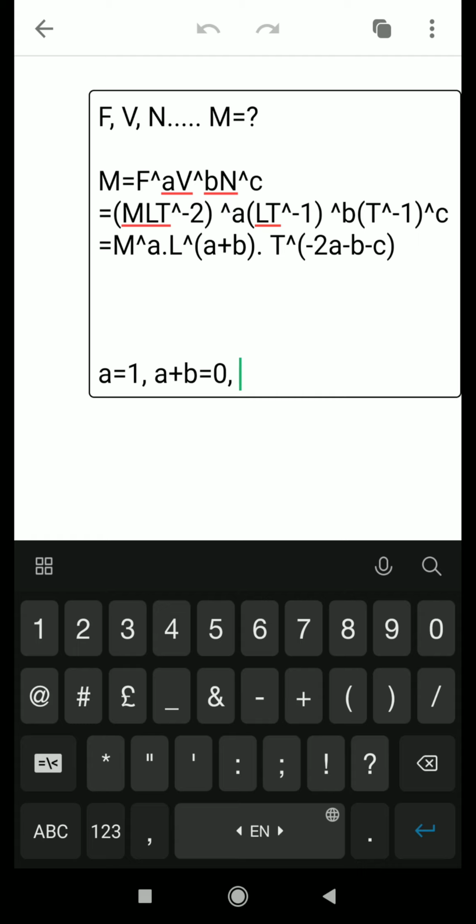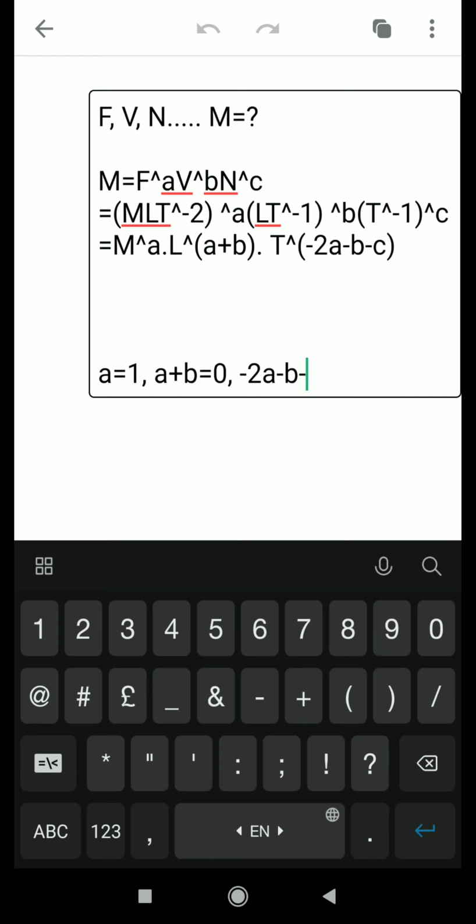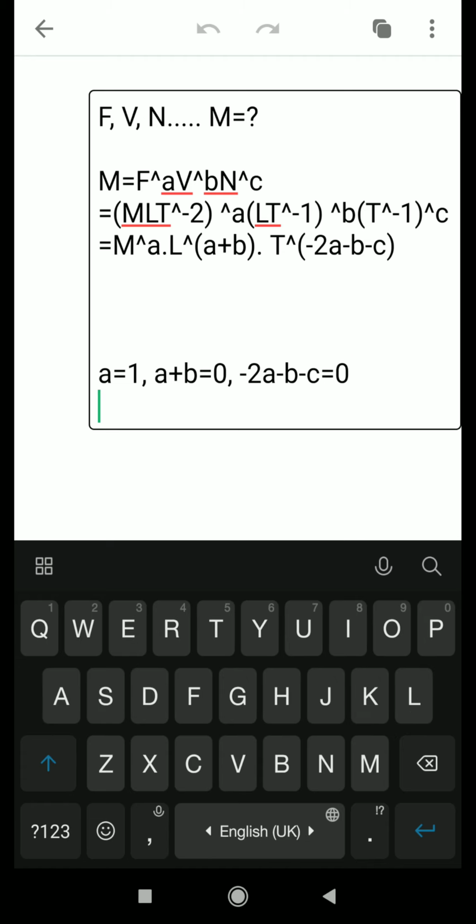Next, the power of T at the right side is minus 2a minus b minus c, and at the left side is 0. Clear? So minus 2a minus b minus c equal to 0. By solving the three equations, we get b equal to minus 1. Putting these values in, minus 2 plus 1 is minus 1, minus c equal to 0, so c is also minus 1.